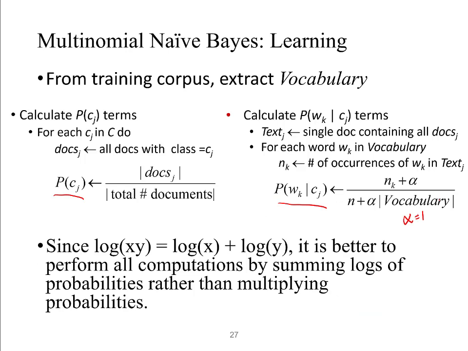Then we can compute the probability of Cj given D, which equals the probability of Cj times the probability of Wk given Cj.